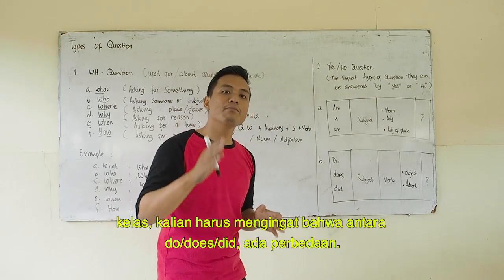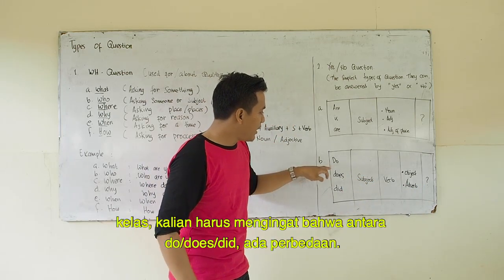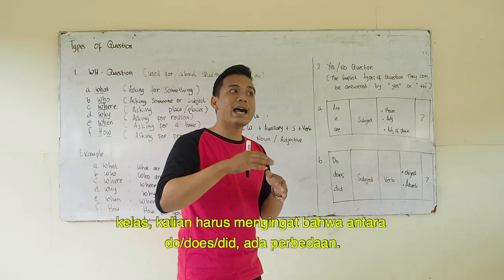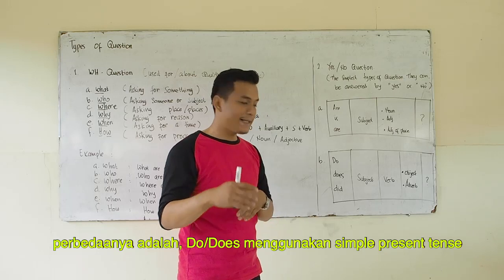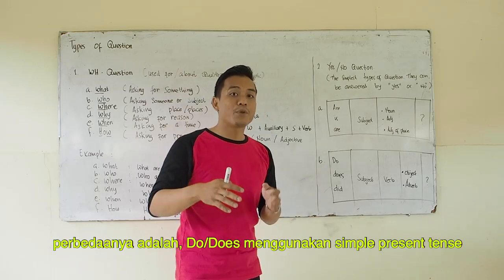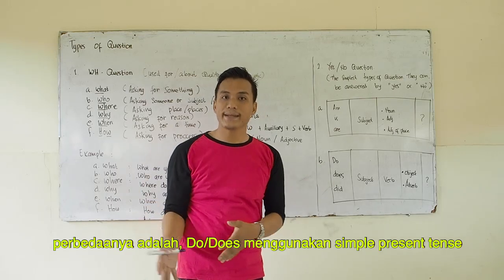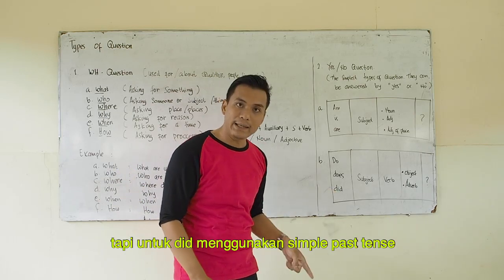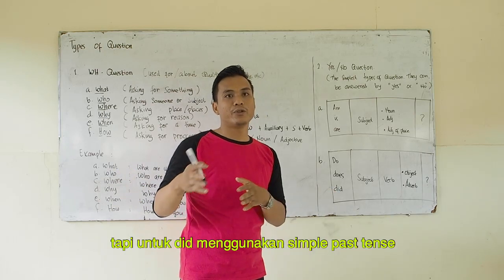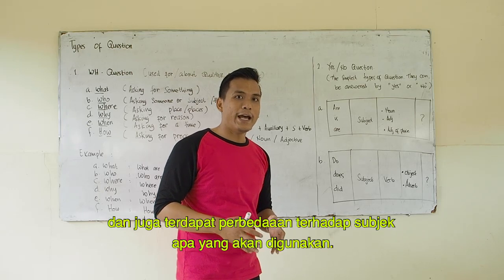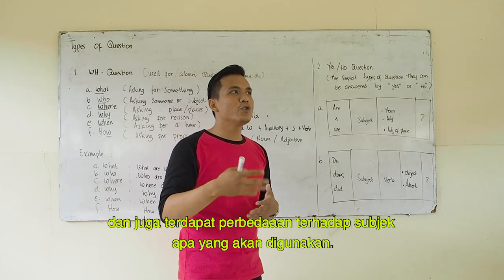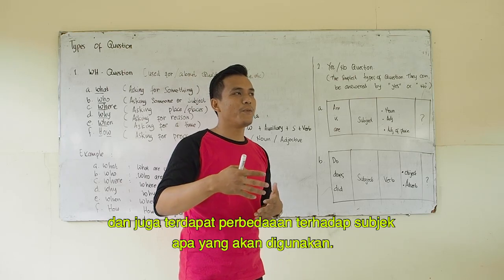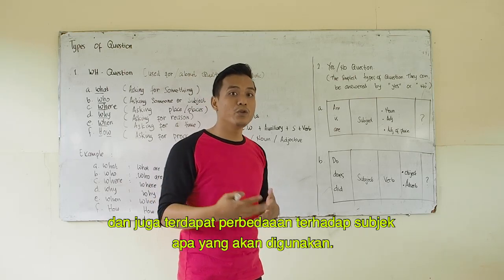Class, you should remember that there is a difference between do, does, did. The difference is that do and does are used in the simple present tense, but did is used in the simple past tense, and they also differ in which subject is used.